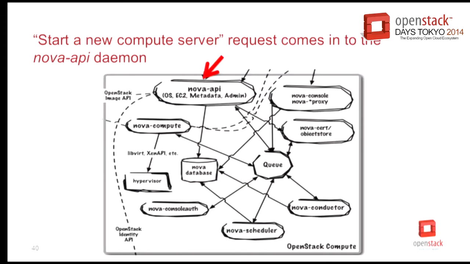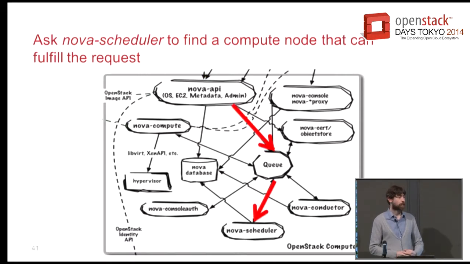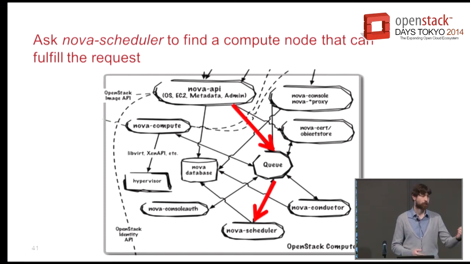So, as before, the service request comes into the Nova API daemon. And what the Nova API daemon does is put a message on the queue saying to the Nova schedulers, because of course you can have more than one Nova scheduler, this is a new virtual machine request with these properties.